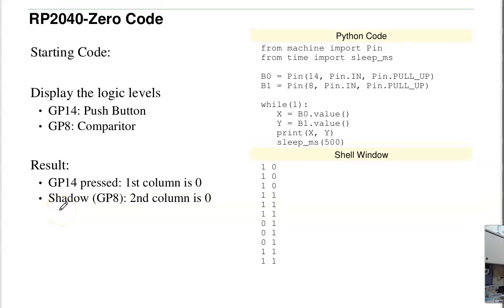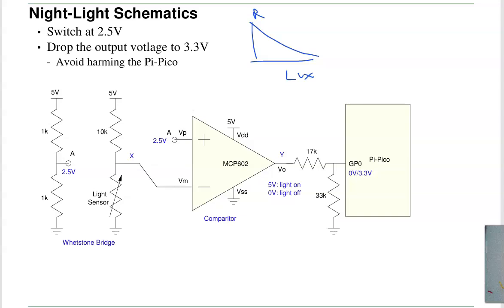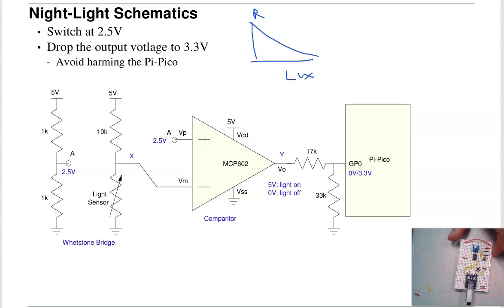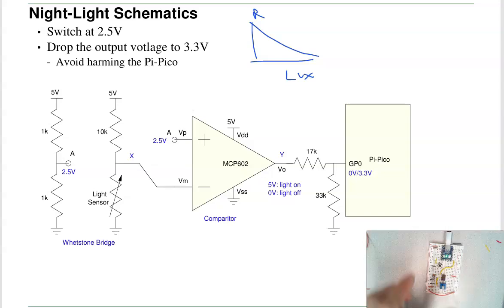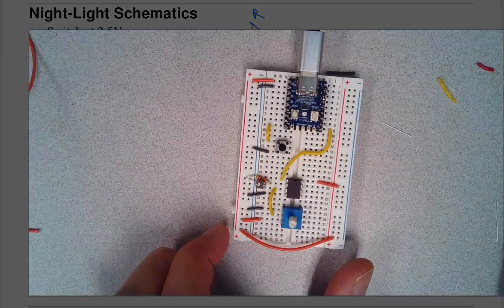An example of that is, suppose I want to build a circuit that counts on a Raspberry Pi Pico, or RP2040. Here's my RP2040 Raspberry Pi Pico, taking the output of the comparator. That's what this circuit does.